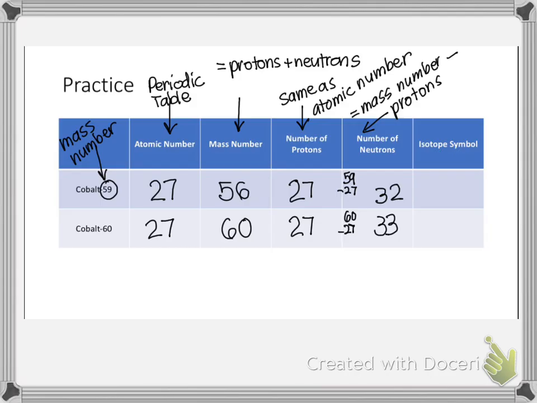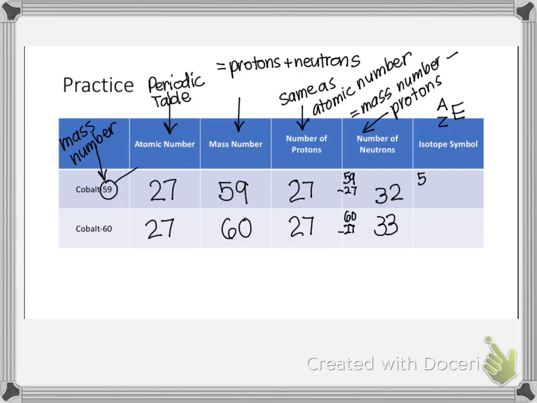Then if I want to draw the isotope symbol, it has the mass number on the top, the atomic number on the bottom, and the element symbol. So the mass number is 56 on this one. Oh, I wrote 56. You're probably like, whoa. I wrote 56, but it's 59. I just caught it myself. So now you know it's 59.